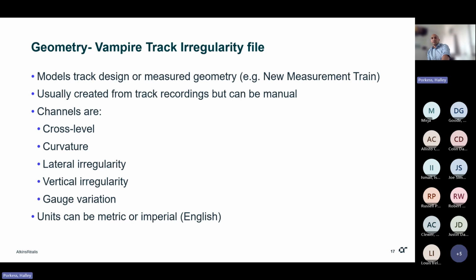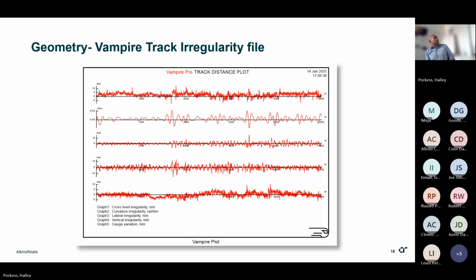Again, metric or imperial. So here we've got a trace of all 5 channels. These are normally measured every 200 millimeters or so. This gives an idea of how rough the track is. And we can replicate what the track is. If we've got a recent track recording, we can use that and we can replicate it quite closely.